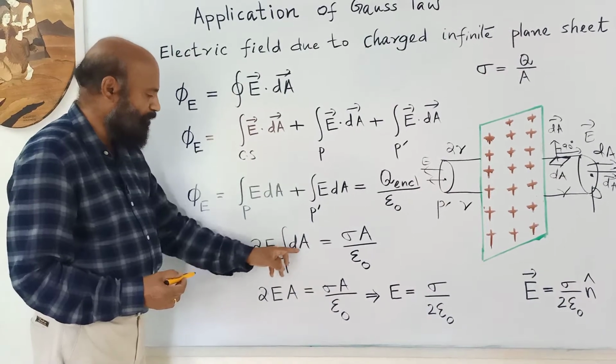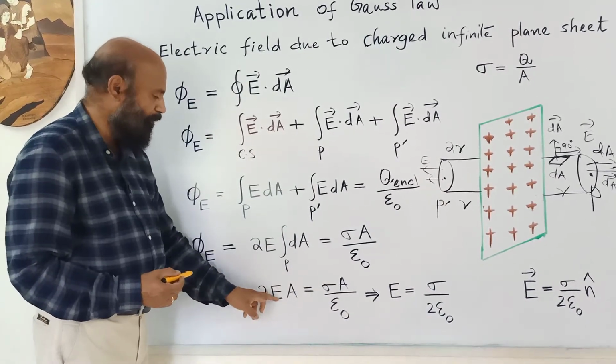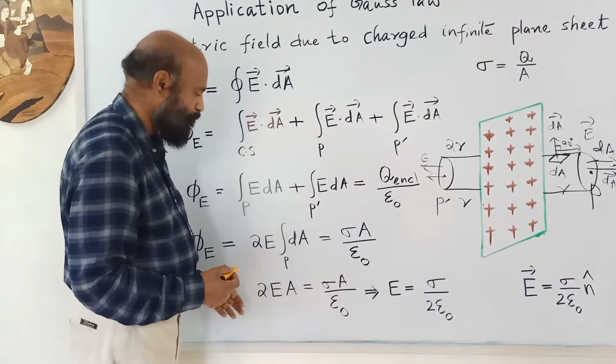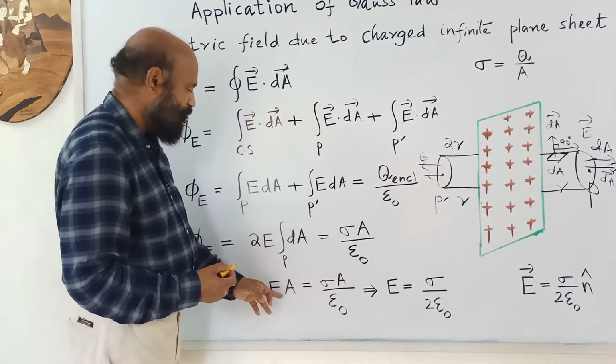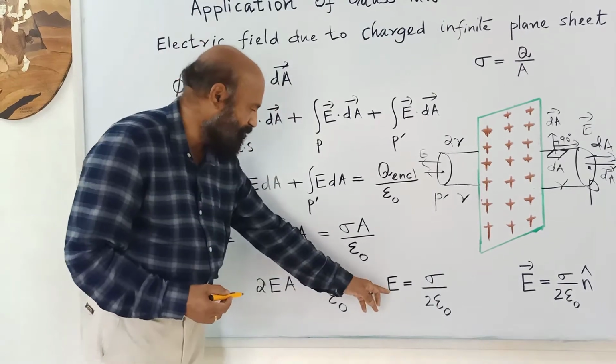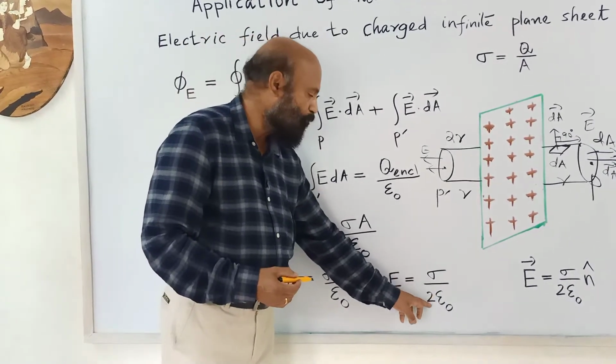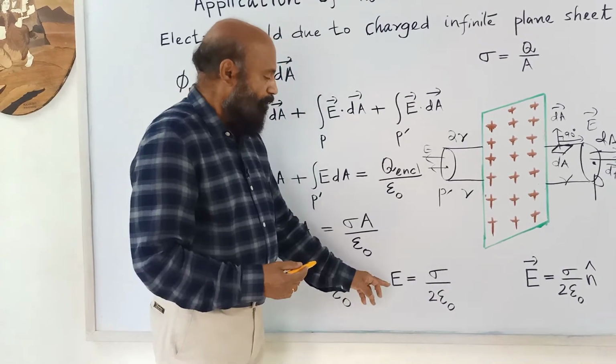The integral of dA is A. So 2EA is equal to sigma A by epsilon 0. After rearranging, this A will get cancelled and E will be sigma by 2 epsilon 0.